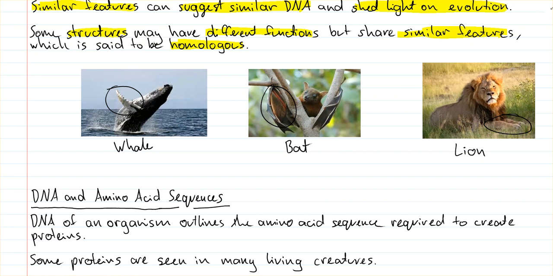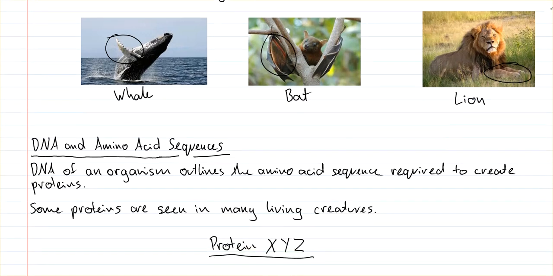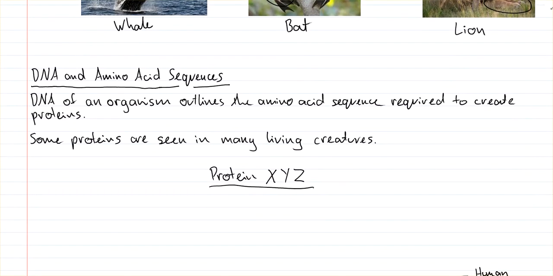So just because they look quite different, it doesn't mean that the bone structure and the way the bones are laid out in those limbs don't share some similarities. The fact that they've got these similarities within their limb bone structure gives us an idea that they may share some similarities in DNA, and depending on those similarities might give us an understanding of just how closely related they might be.